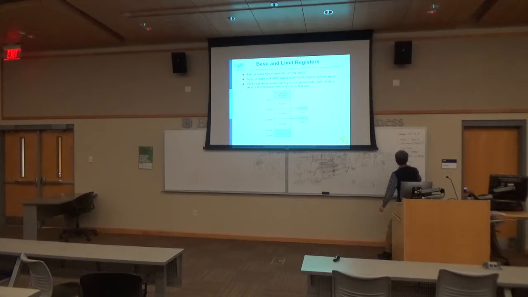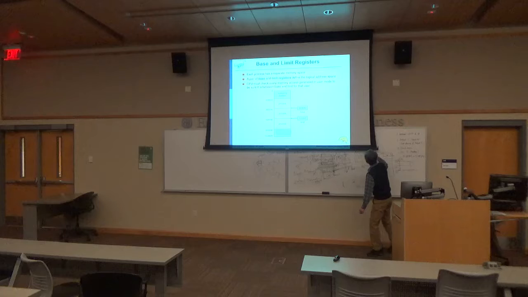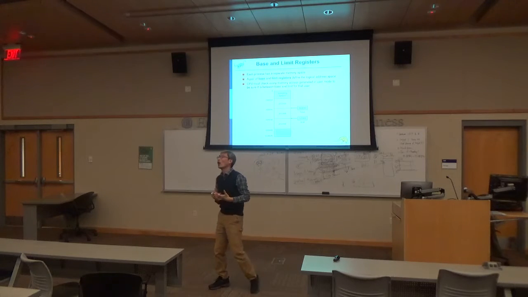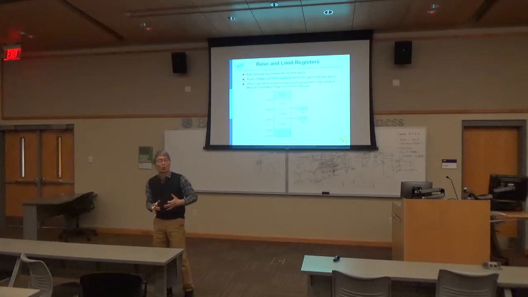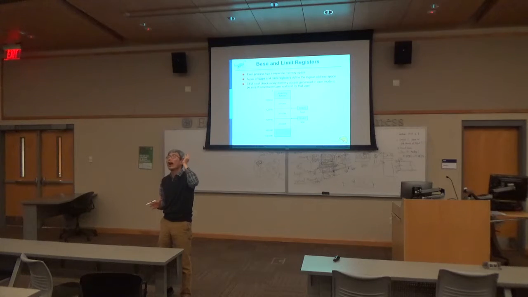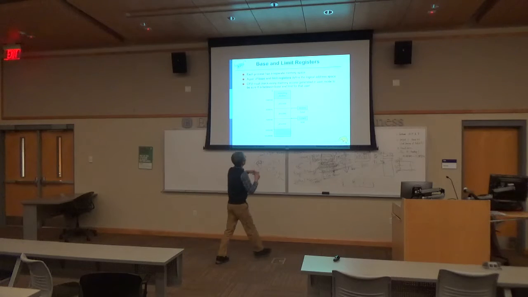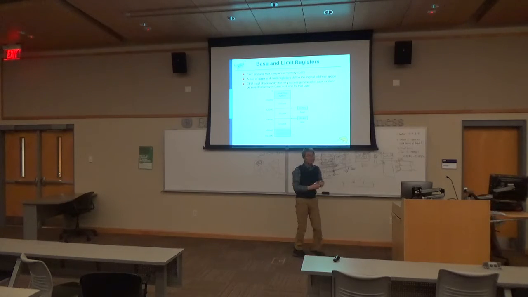The limit address is the maximum of your process, in this case 2000. So two registers are used to protect. We cannot actually make a real physical fence around the process. Instead, we keep two more addresses in registers. One is the base, the starting address. The limit is the size of that.